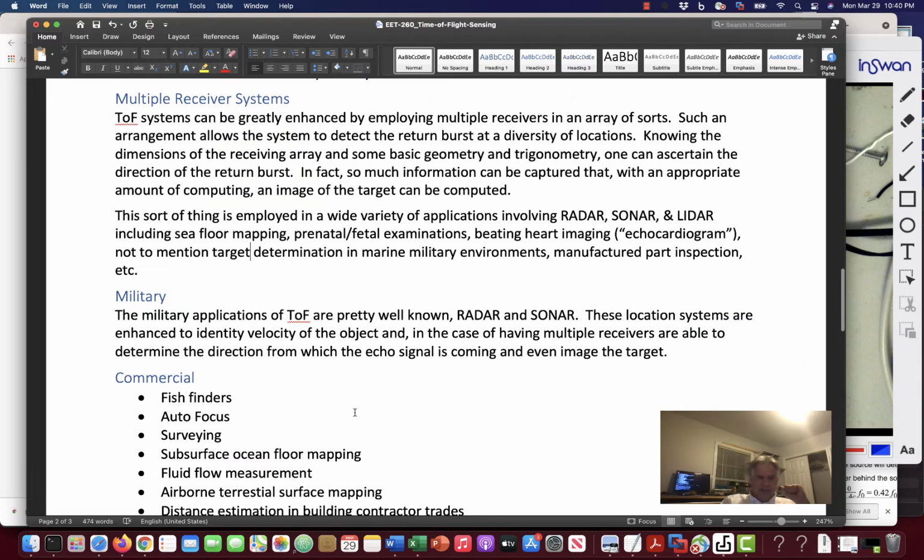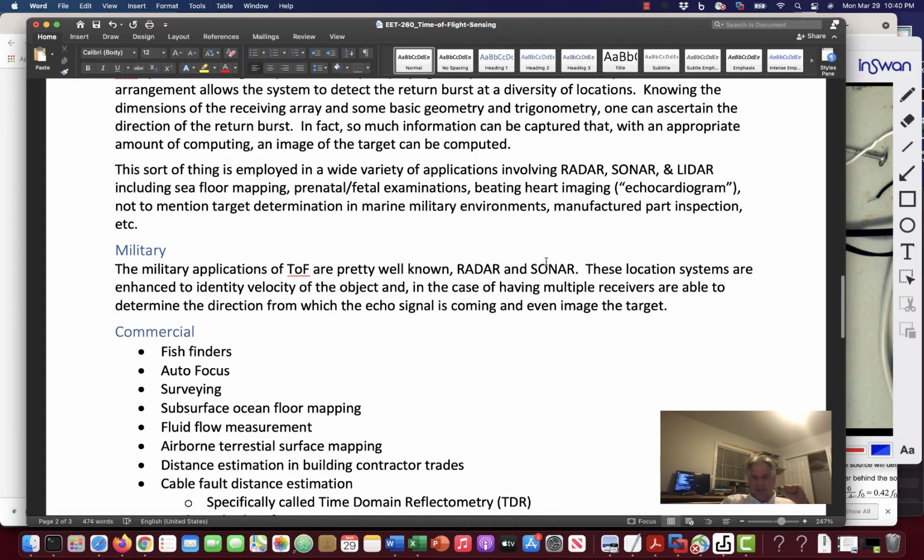So the military applications of time of flight are pretty well known, radar and sonar, and of course these nowadays tend to use more than one receiver, so that they get direction, they get distance, and by using that Doppler effect we mentioned and noticing that the frequency of the pulse they send out is a little different when they receive it, they can pick up the velocity of the object.